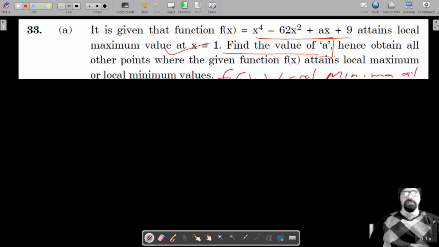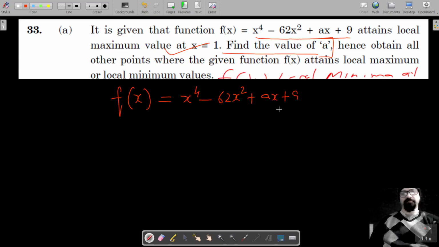Our function is f of x is equal to x raised power 4 minus 62x squared plus ax plus 9. Now this function attains local maximum value at x is equal to 1, so x is equal to 1 is a point of local maxima.